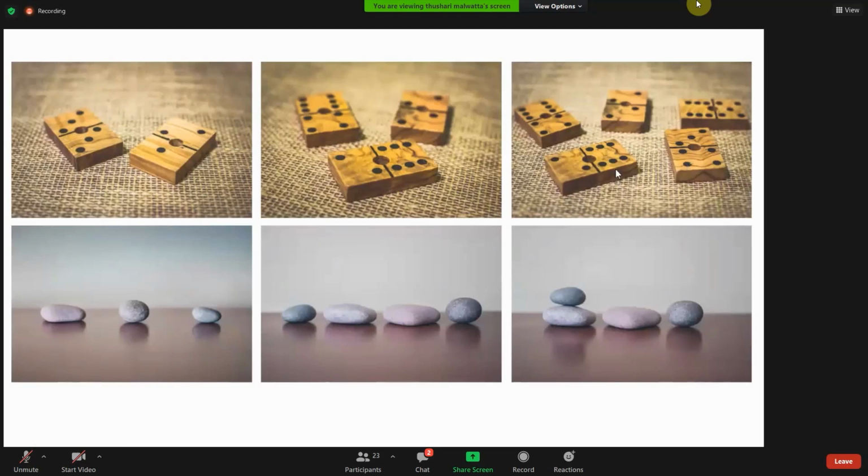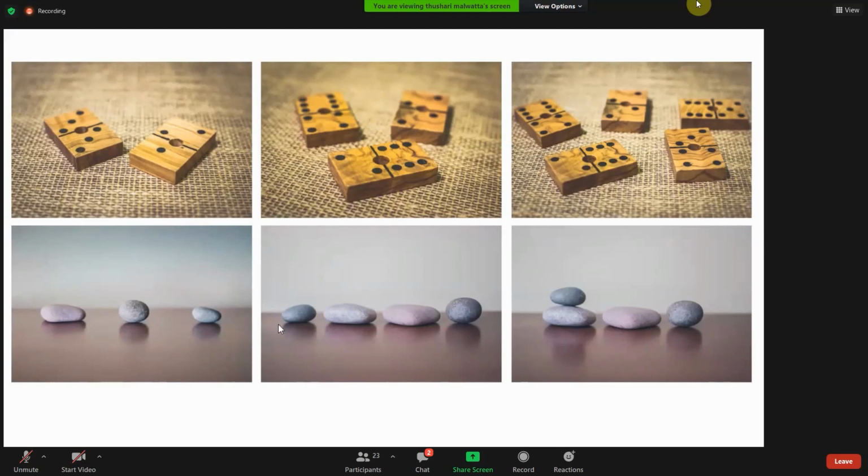In the first set of images, which one is more interesting? These two pieces or three pieces? This is more interesting, and this one. So it is a technique they are using while using odd numbers. When you're taking a picture, this one is interesting.